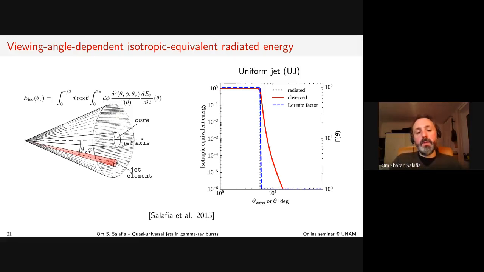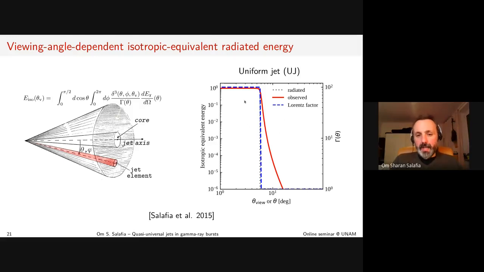So it leads to the fact that depending on the viewing angle, you can be dominated by different parts of the jet, not necessarily the part of the jet which is pointing towards the observer. And in general, you must perform an integral over the jet surface, taking into account the relativistic beaming.